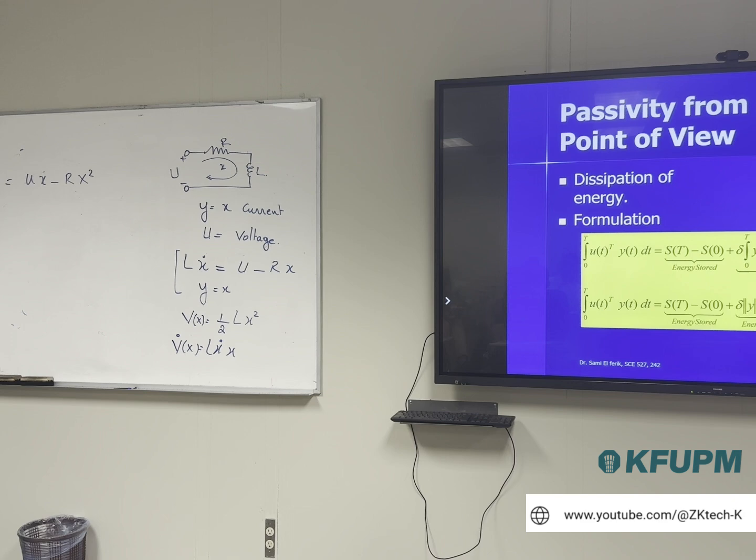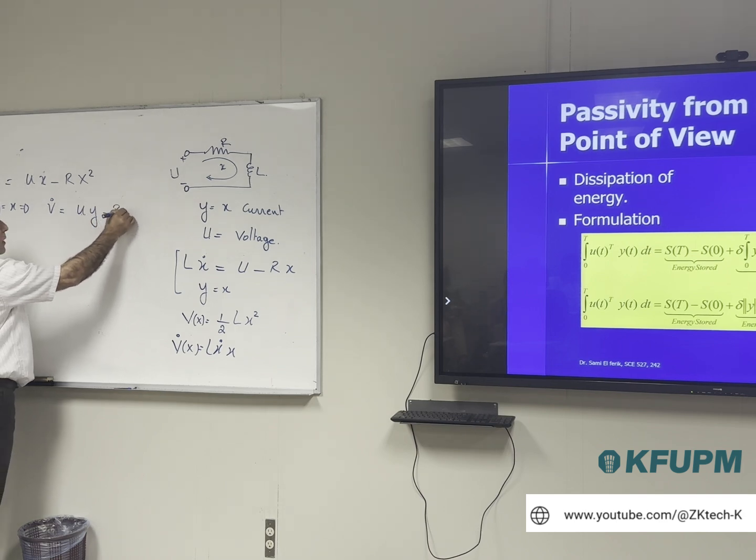You agree with this? Y is still equal to x, so y equals x. This would imply v prime is equal to u multiplied by y minus r multiplied by y squared.